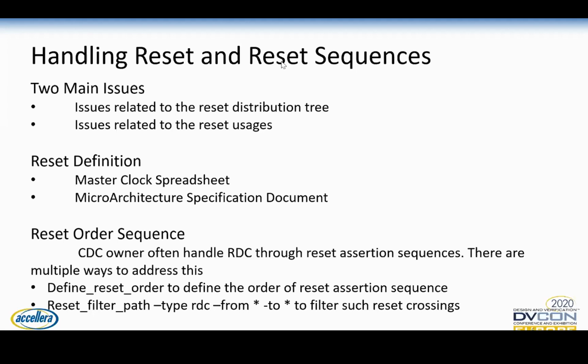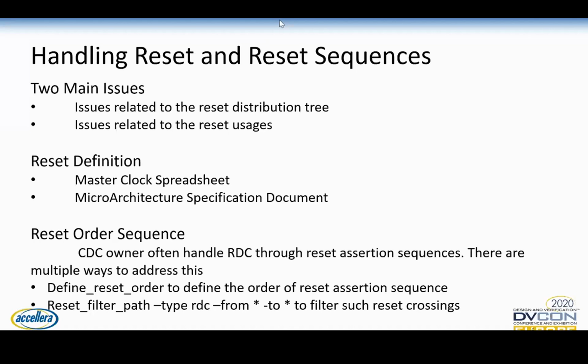So the CDC owner upfront defines all the reset orders, right? And also, if there are some reset crossings where it is very well known that there are no deassertion issues and no synchronization issues, then we define the reset filter paths for all such cases. So defining these upfront clarifies a lot of issues.